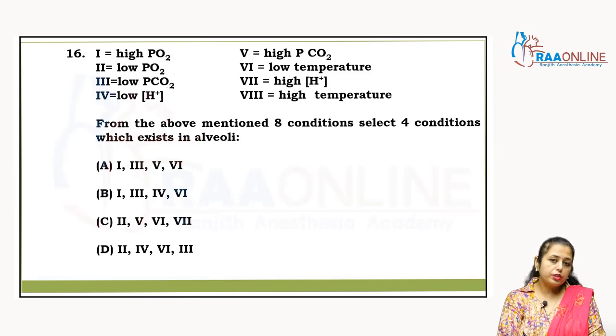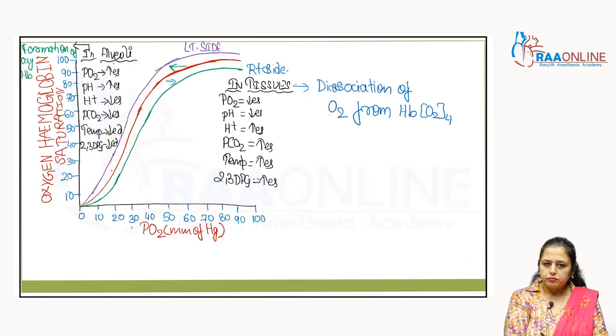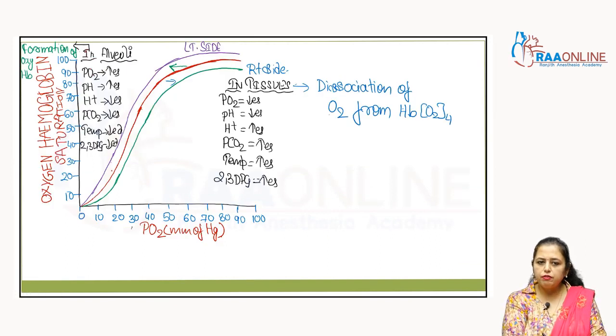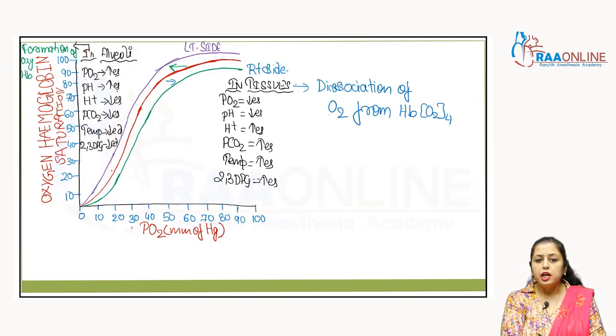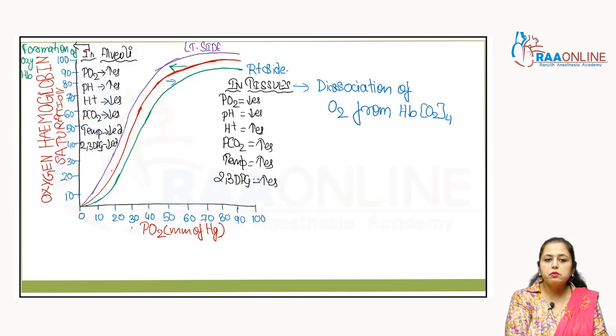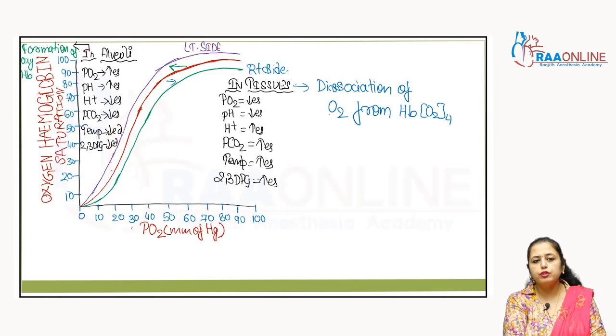We already discussed in alveoli what will happen: if the partial pressure of oxygen increases, pH increases, then H+ decreases, PCO2 decreases, temperature decreases, 2,3 DPG decreases, and this is the most favorable condition for the formation of oxyhemoglobin, right?